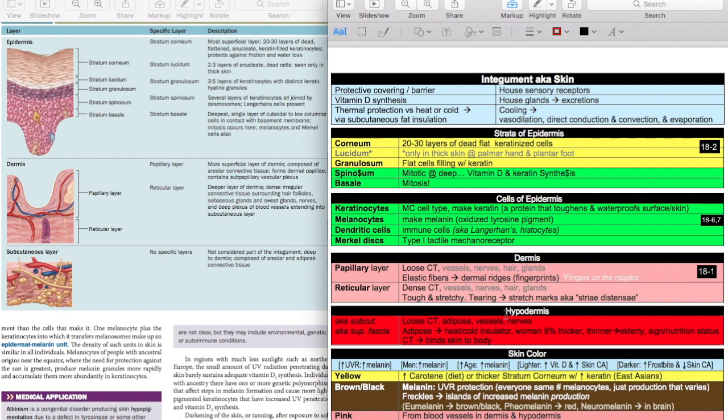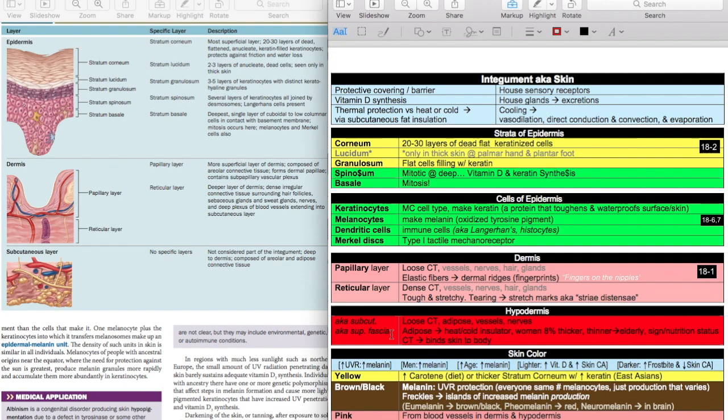One thing I didn't mention in the first video is that technically the hypodermis, or the subcutaneous layer, or the superficial fascia, is not part of the skin. It's not classified as part of the integument or integumentary system. The name sort of implies that, but technically the subcutaneous layer is not part of the skin.